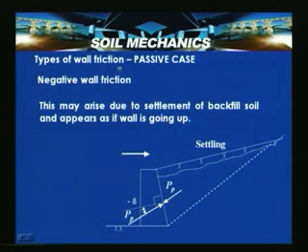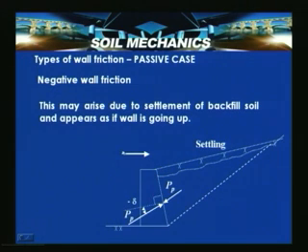Similarly, for the passive case with negative wall friction, the friction angle at the wall interface is negative. This may arise due to settlement of the backfill soil, and appears as if the wall is going up. If there is an existing wall, this is the failure surface, and this is the original ground surface.